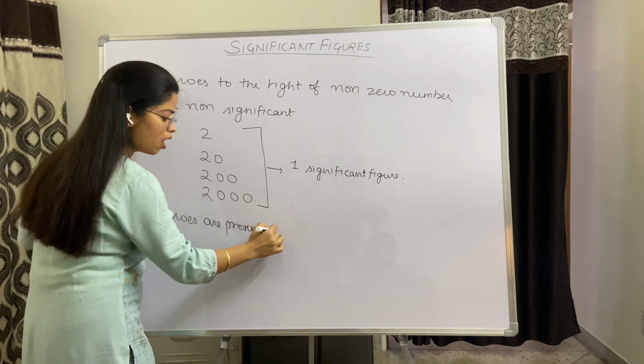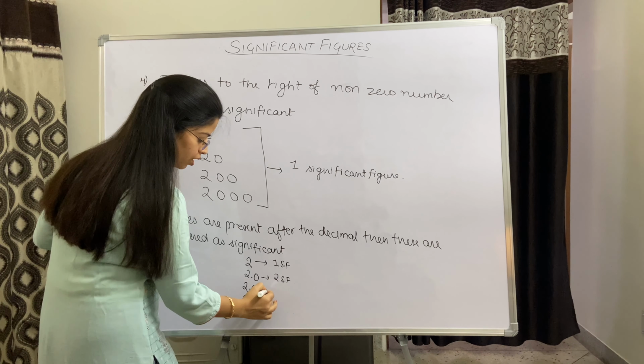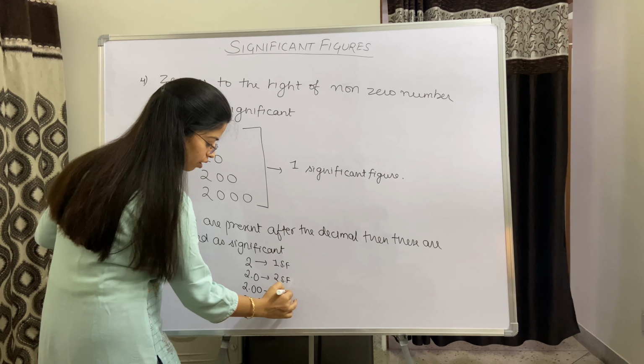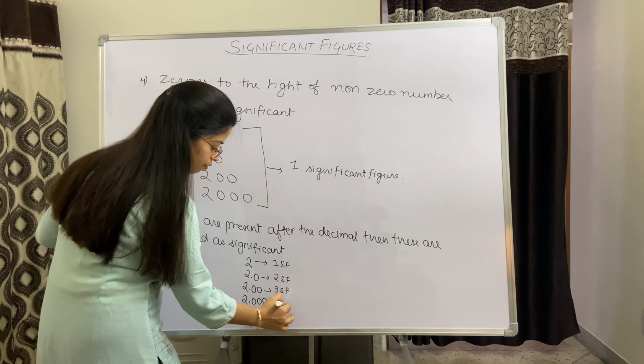So if I take the same number with the decimal, let's say 2., 2.0, 2.00, 2.000. In the first case, I have one significant figure. In the second, two significant figures. In the third, three significant figures. In the fourth, four significant figures.